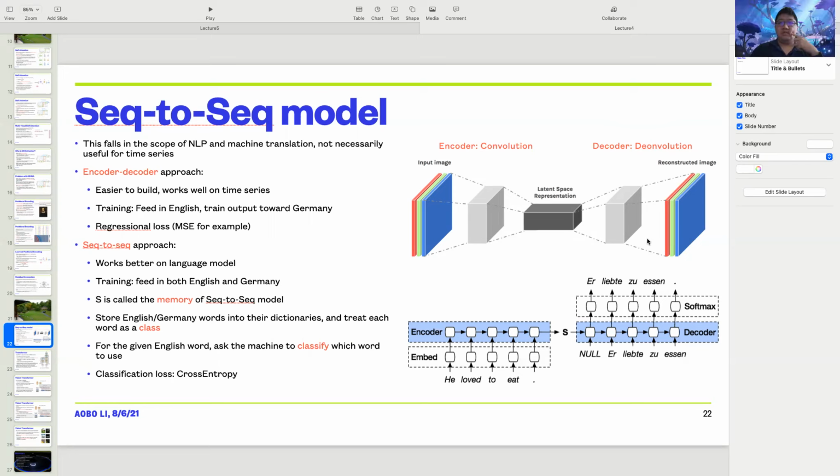No, it's a different set of weight matrices. The convolution and deconvolution have different weight matrices. If you think about the mathematical example, these two matrices should be kind of the inverse of each other, right? So they are definitely not the same weight matrix. They are different, and they are related.